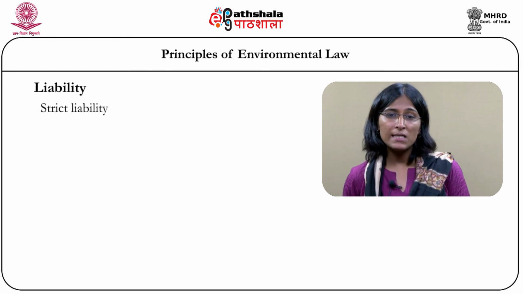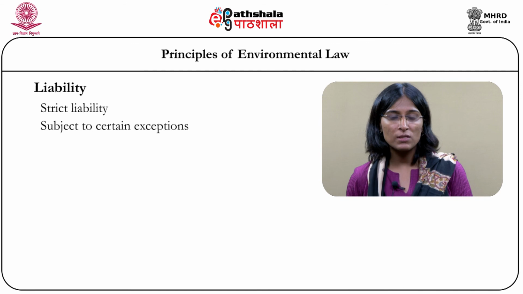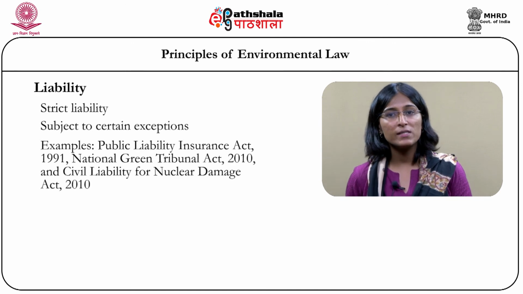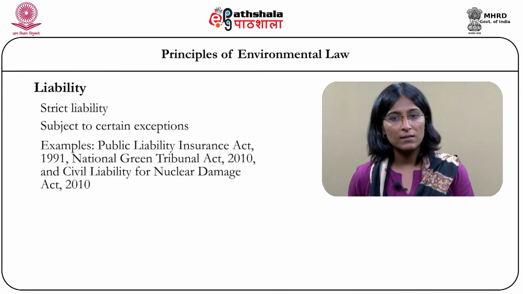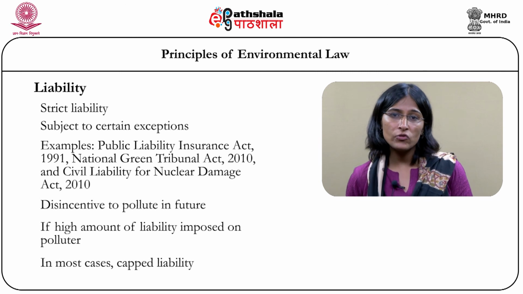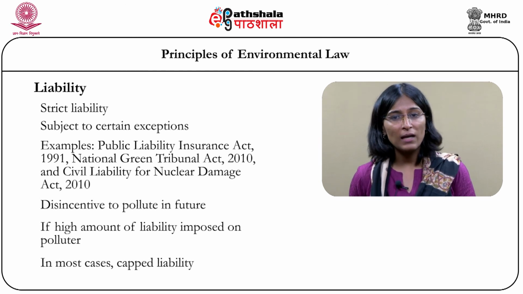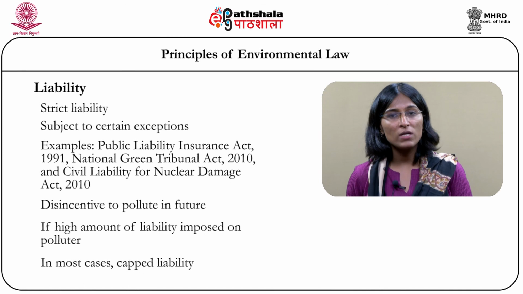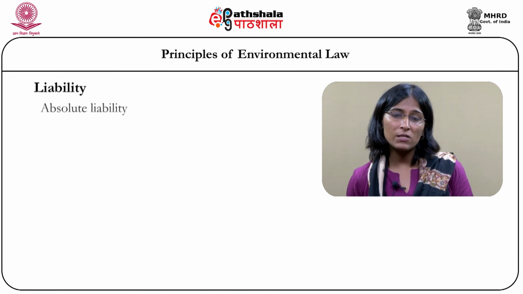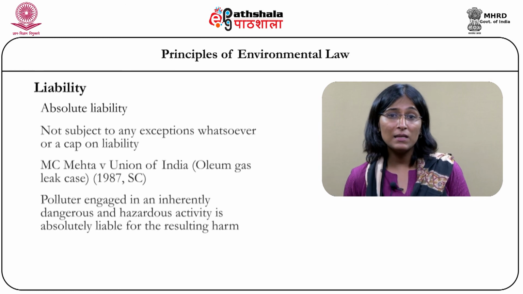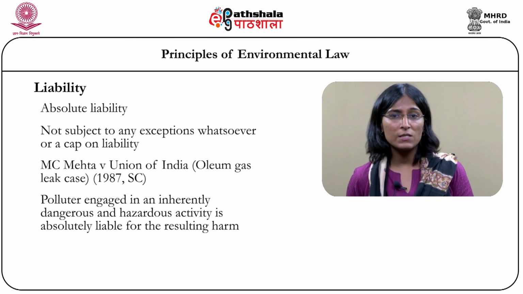While strict liability is subject to certain exceptions, this is not the case insofar as absolute liability is concerned. Further, in case of strict liability, there is a cap on liability, which means that beyond a point the polluter cannot be made to pay, whereas in case of absolute liability, the liability amount is uncapped. Both of these concepts have been applied in the context of domestic environmental jurisprudence.